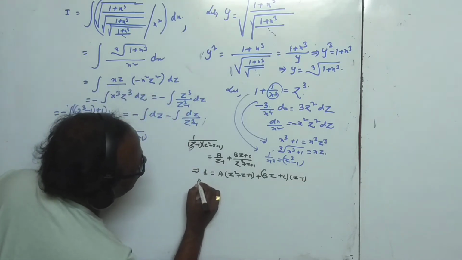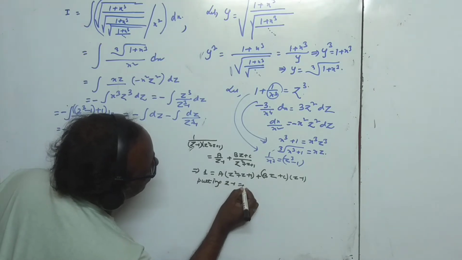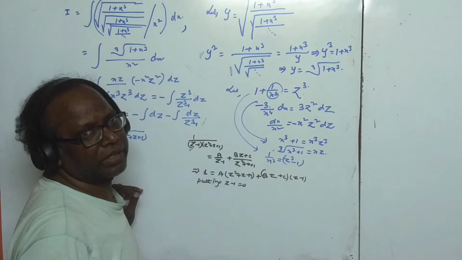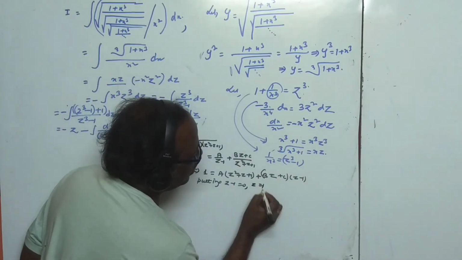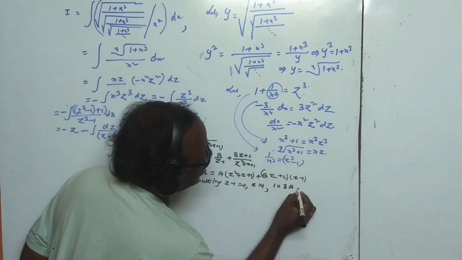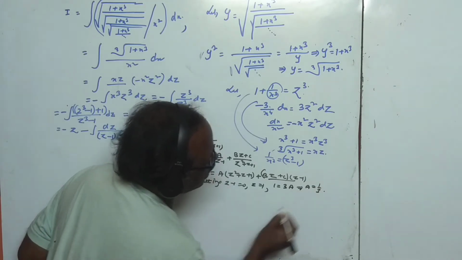Now putting z minus 1 equal to 0, since this is a factor, but from the other factor we don't get any real solution, so only real solution is z equal to 1. Then that is 1 is equal to 3a, and this is 0, so a is equal to 1/3.